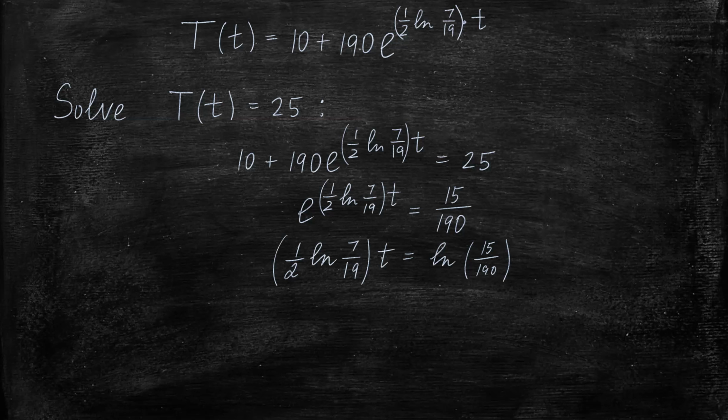And then we find t by dividing the right hand side by this coefficient k. So we get 2 ln of 15 over 190 divided by ln of 7 over 19.